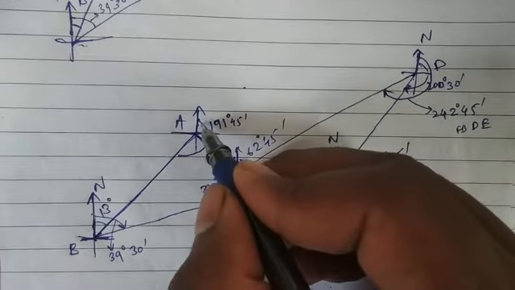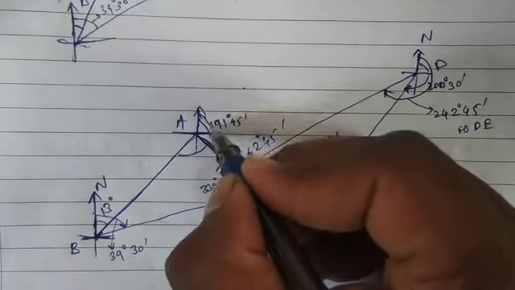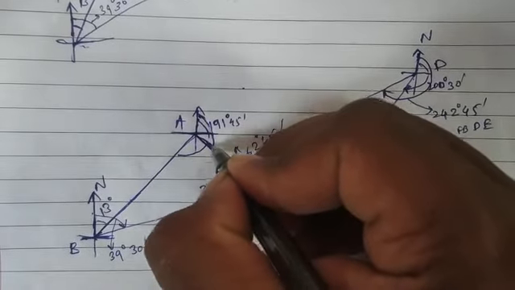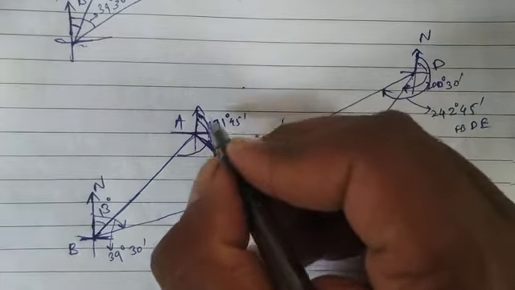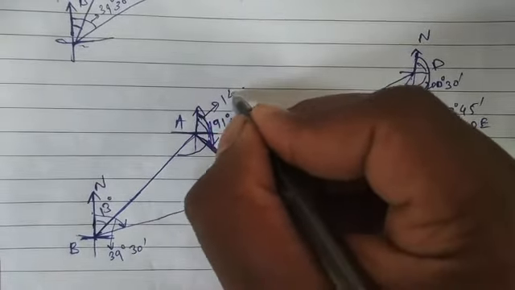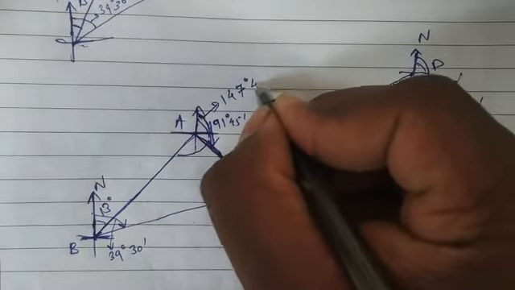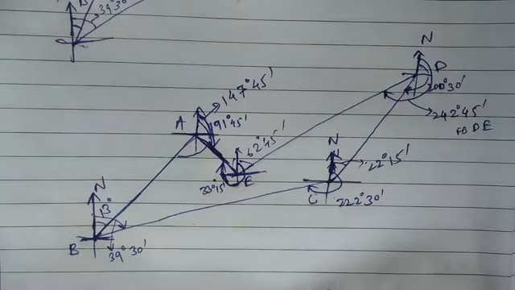Its back bearing is this angular distance, and that will be 147 degree 45 minutes. So this is how we'll draw the traverse.